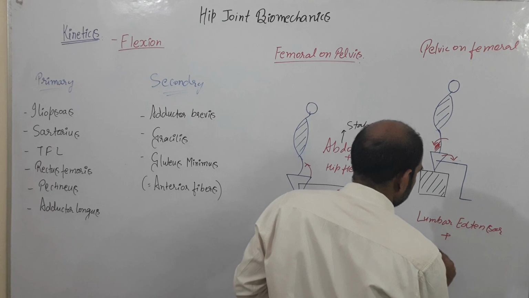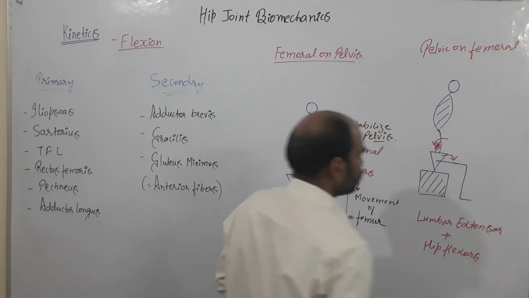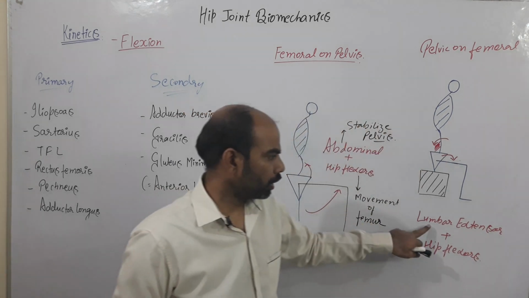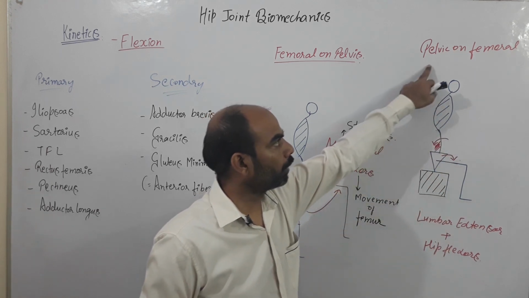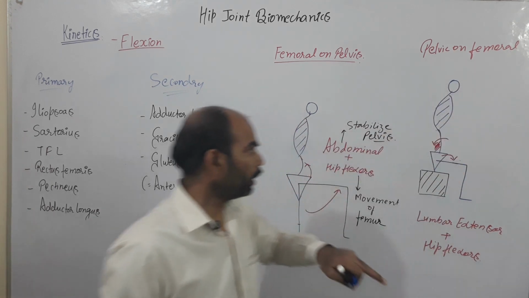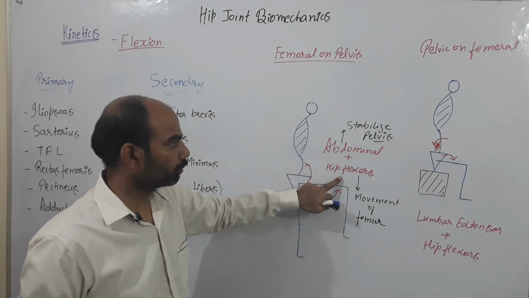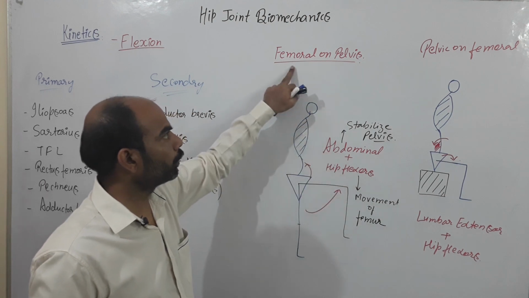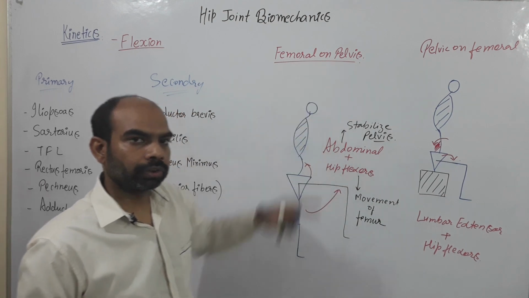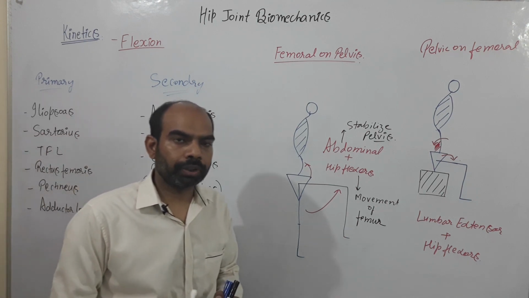So the lumbar extensors work along with the hip flexors during pelvic on femoral motion, and the abdominal muscles work along with the hip flexors in femoral on pelvic motion. So this is the kinematics of hip flexion.